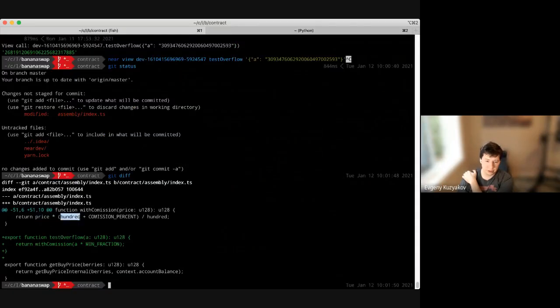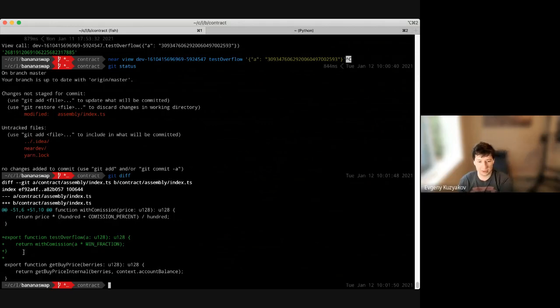I need it to be such that 100 plus the commission, so like 110 multiplication, will overflow it and bring it as close to 0 as possible. So when I divide it by 100 here, the number will be as low as possible, so I don't have to pay near at all.